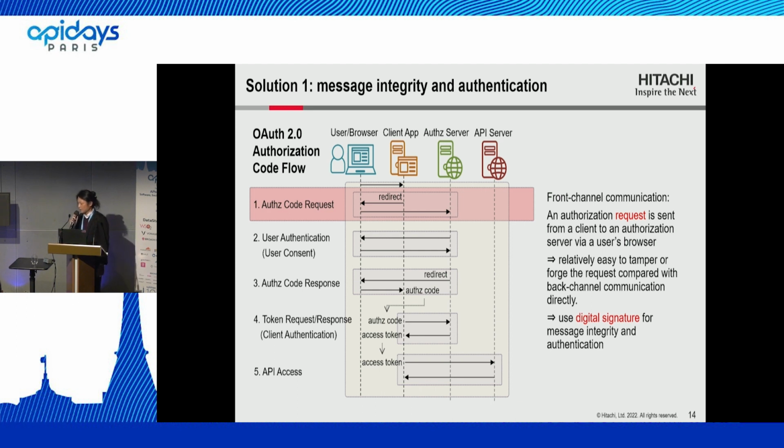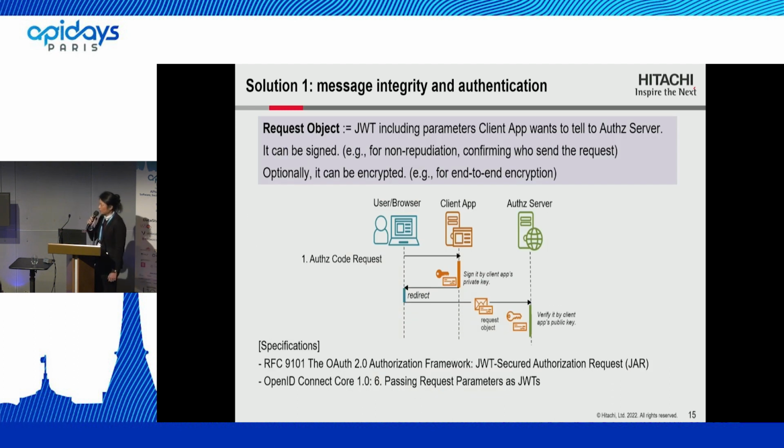To prevent or resolve the problem, FAPI security profiles describe using a digital signature for message integrity and authentication for this authorization request. To say more precisely, FAPI security profiles describe using the request object defined by RFC 9101 and OpenID Connect Core.